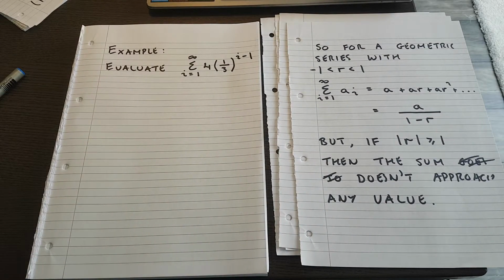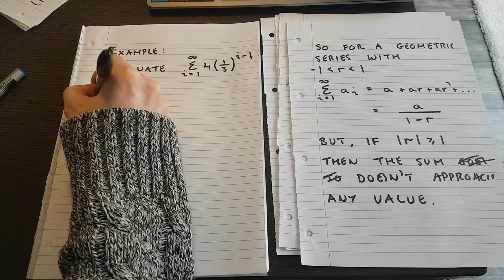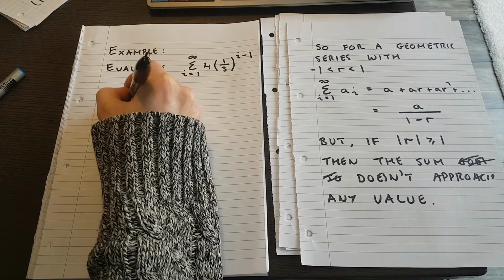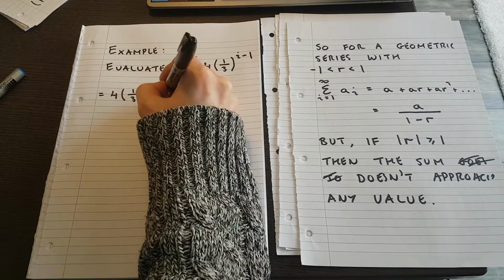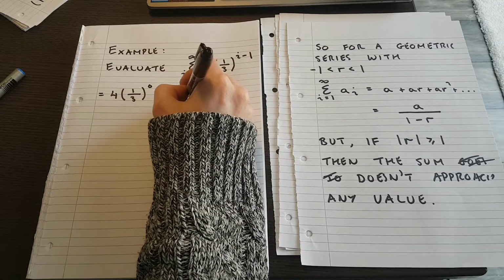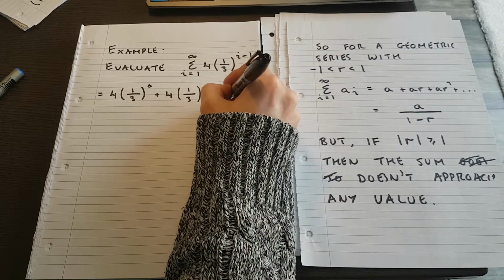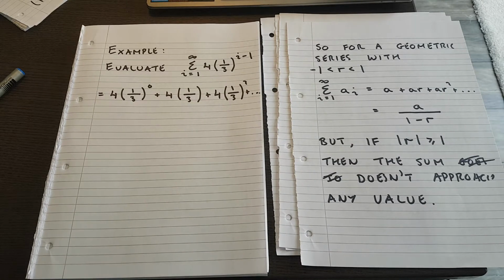So what does this look like? This looks like 4 times (1/3) to the 0, plus 4 times 1/3, plus 4 times 1/3 squared, plus etc. on forever. It goes on and on and on.